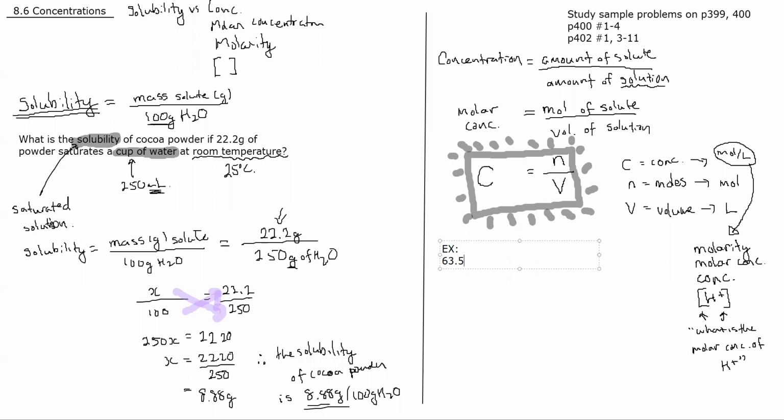Let's see, 63.5 grams of solid sodium phosphate, Na3PO4, is dissolved to make 500 milliliters of solution. See that? I'm not mixing with 500 milliliters of water. I am making 500 milliliters of solution. The wording is a little bit different than before. Okay, what is the concentration of the solution?